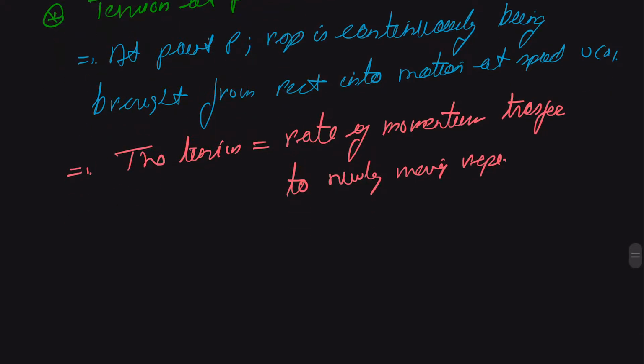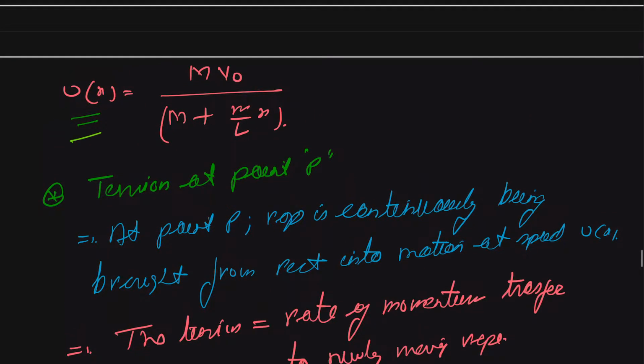Therefore, tension T will be equal to lambda v squared, and lambda we already know is M upon L, times v squared, and this v is nothing but v of x.